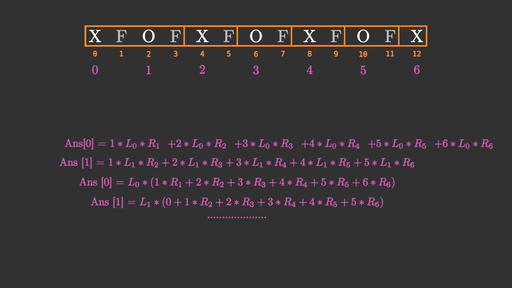Similarly, answer 1 can also be simplified by taking L1 as common value and then there is a multiplication of things inside that and the sum of them. Also to note here, the L0 is only 1 because we can't go left of our 0th index, which is X. So it will always remain 1 and we can't have any element to the left of it to extend the substring to the left of X.